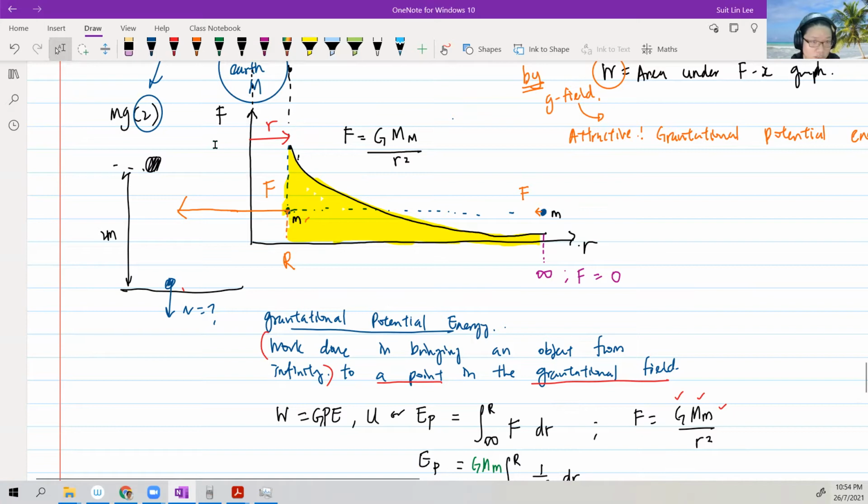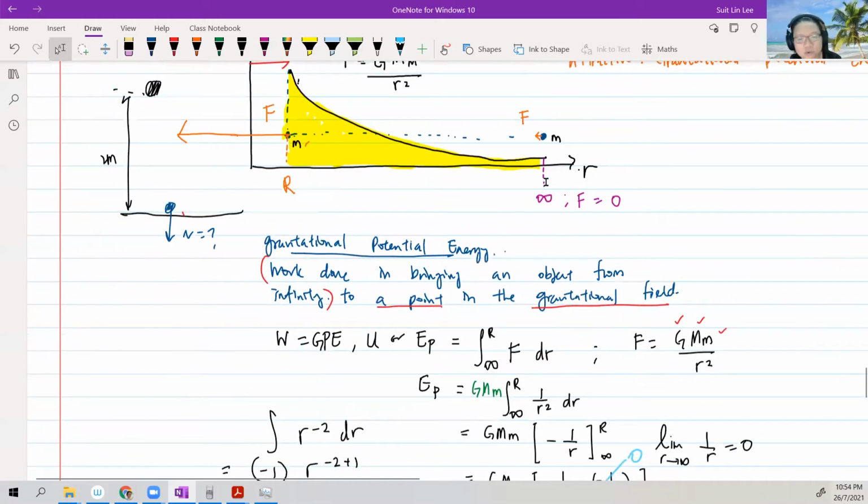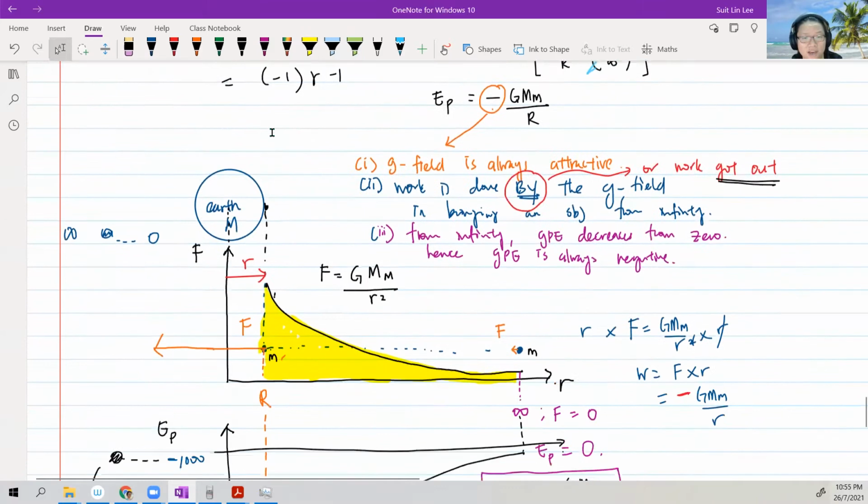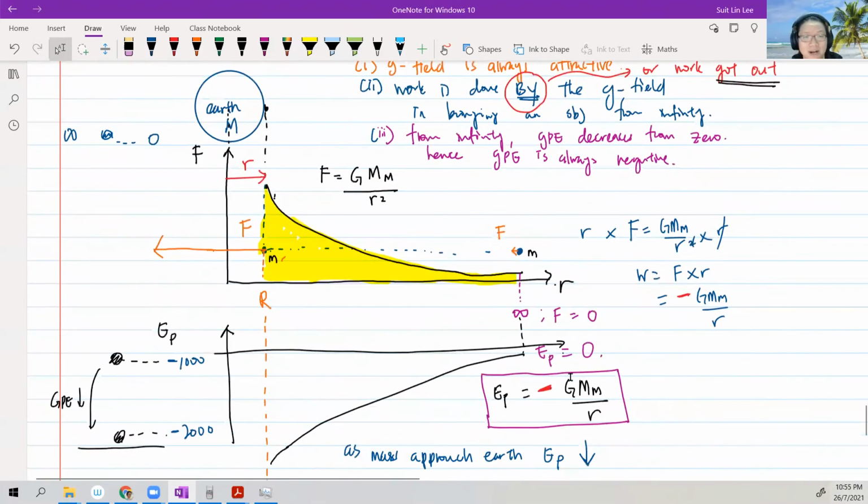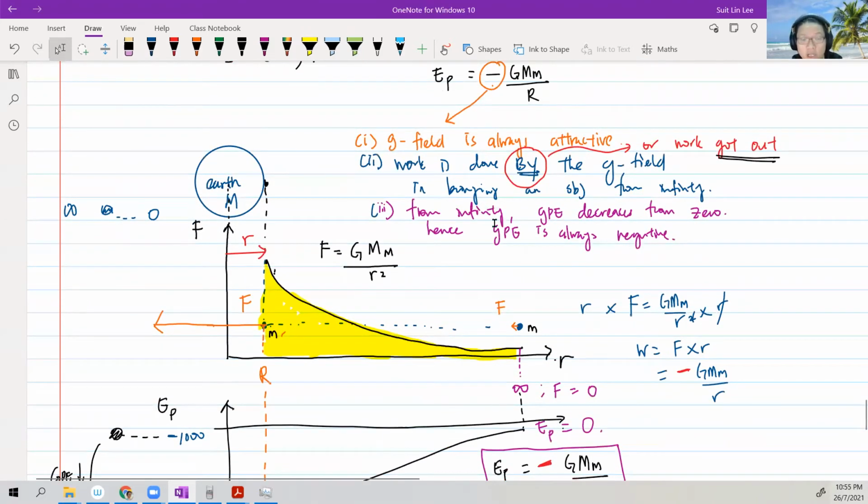Okay, so bring it closer. It makes sense to me. If it doesn't make sense to you, then just, okay, infinity is 0. So we start here as the reference point. Then we integrate to find energy. Once we have an expression for energy, the implication is this. Why is there a negative? The negative shows us the field is attractive.